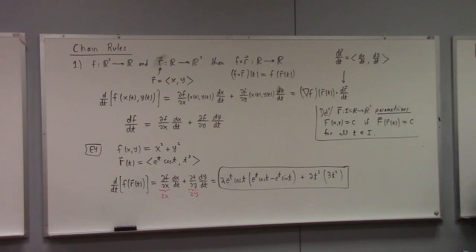The right-hand side of this story we have known since calculus 1: the derivative of a constant is 0. But the left-hand side, the chain rule says, is the gradient of the function evaluated at the path, dot product with dr dt.